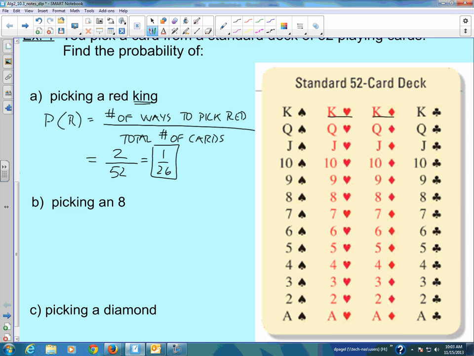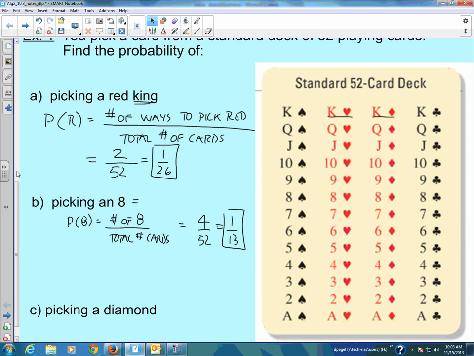All right, how about picking an 8? Probability of getting an 8 equals the number of 8s over the total number of cards. We have 4 8s out of the 52, for a 1 in 13 chance of pulling an 8. How about a diamond?